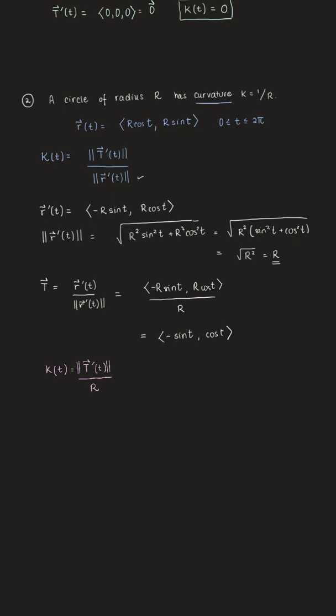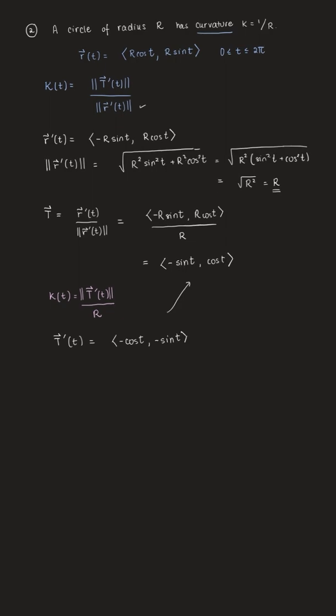So we're getting there. Now, T is negative sine t, cosine t, so now we need the derivative of our tangent vector. So T prime will be negative cosine t, negative sine t. I just took the derivative of that function. The magnitude of this vector will be 1, but let's check.